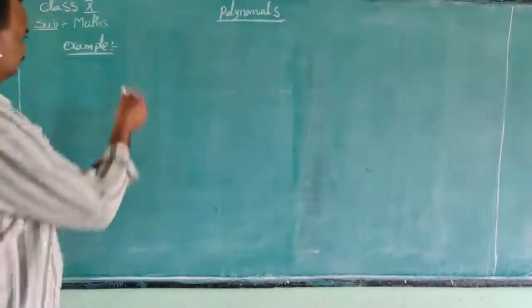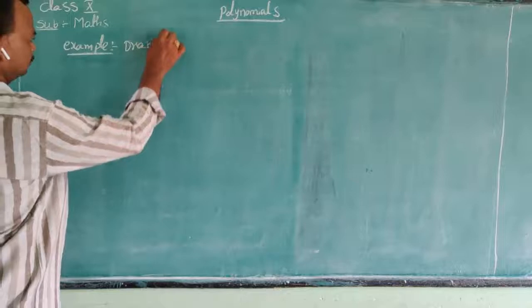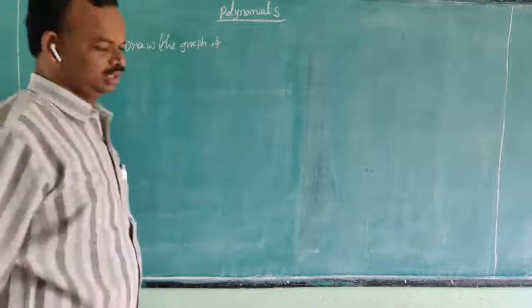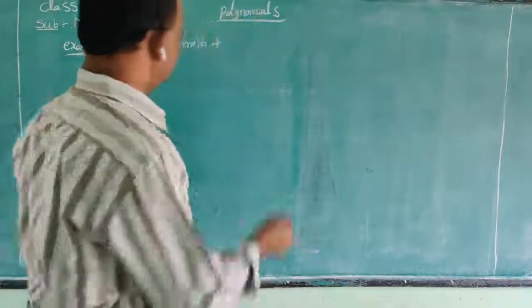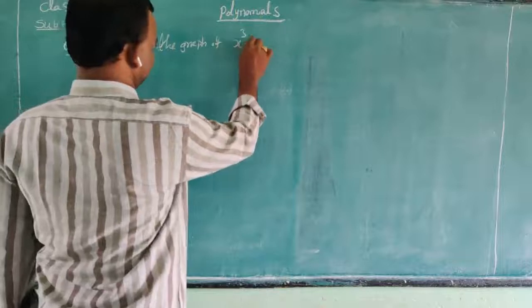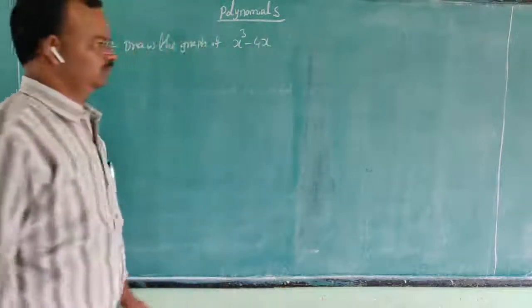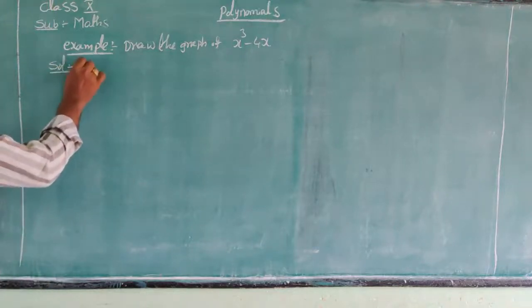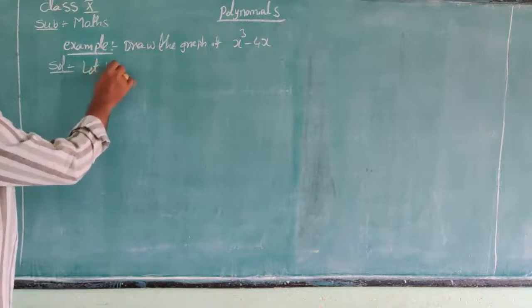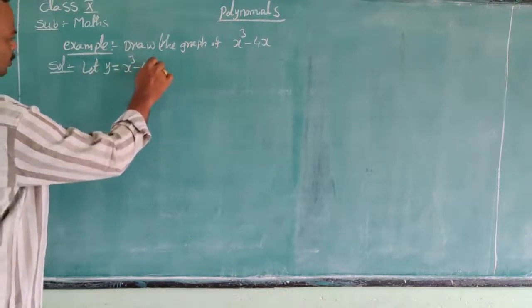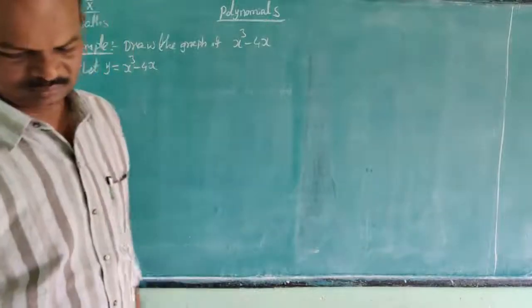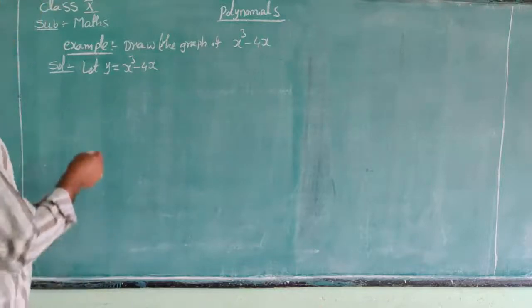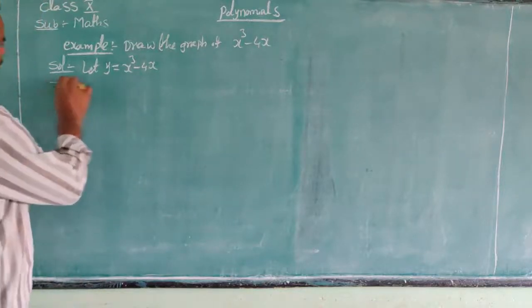Draw the graph of y equal to x cube minus 4x, and draw the table.